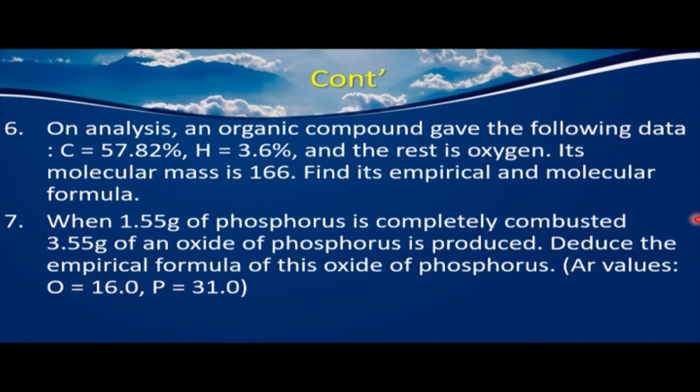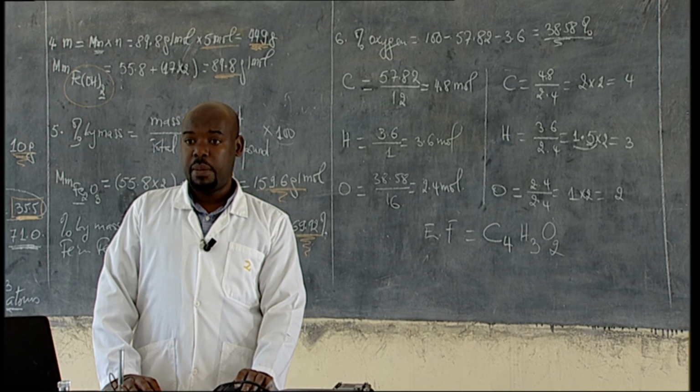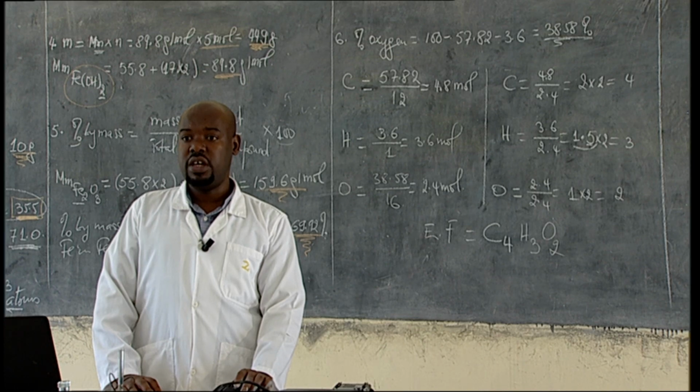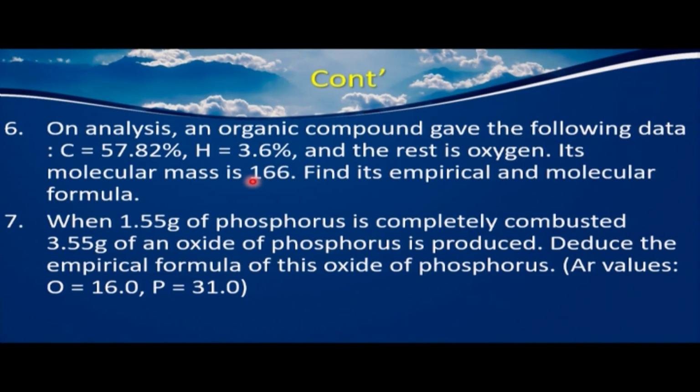The next part of the question is to find the molecular formula. How do we get the molecular formula? You know how we work that out. To find the molecular formula, we have the molecular mass. You take the molecular mass over the mass of the empirical formula, and then you divide that to get the value of n.